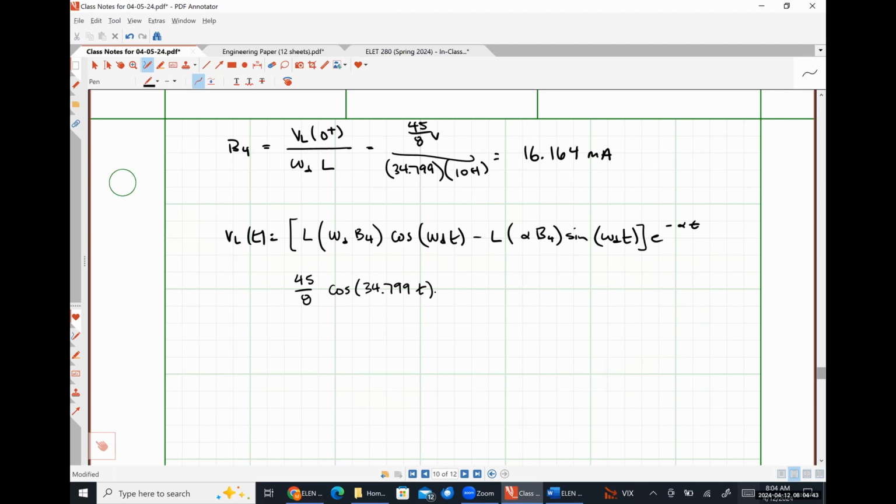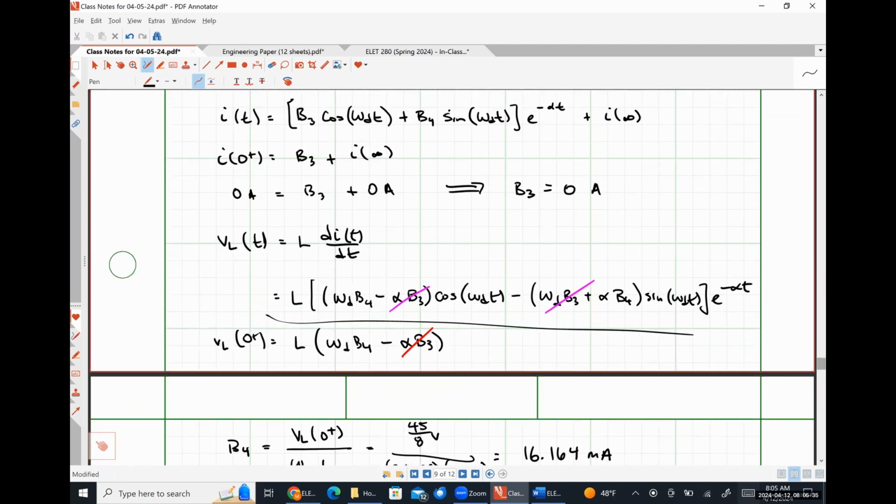So that's 10 times 93.75 times 45 over 8 divided by 10x, which is 15.154 sine 34.799 T. Close that all off, e to the negative alpha T, where alpha is 93.75 T.